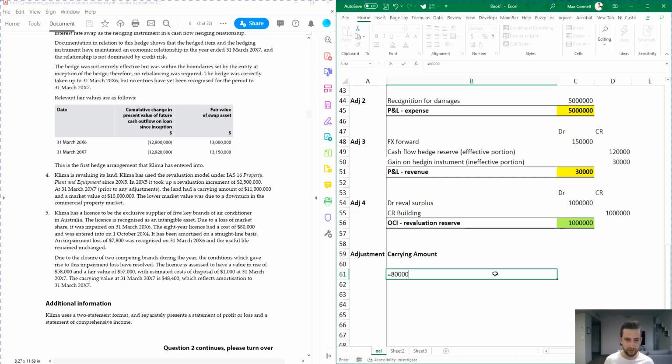Its effective life is 8 years, so it should be amortized at $10,000 a year. So how long have we had it? We've had it from October 2014 to March 2016. So October is, how many months is that? Let's do a quick calc. 2016.